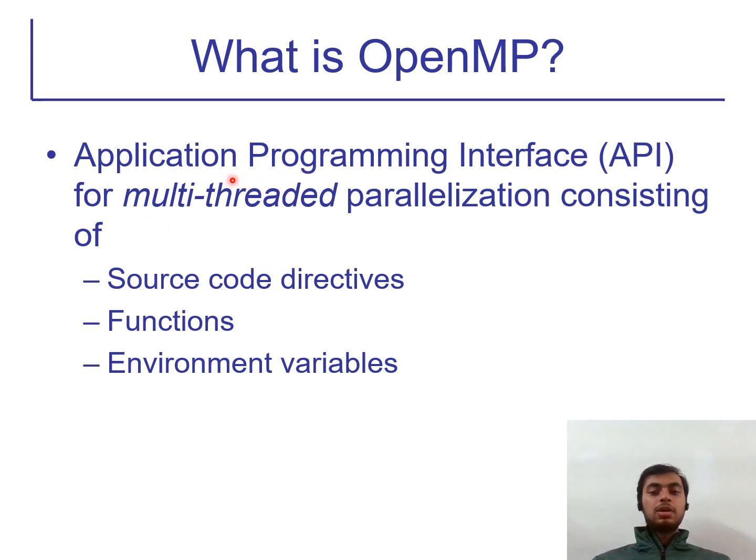OpenMP is an application programming interface, that is API, for multi-threaded parallelization consisting of source code directives, functions, and environment variables. We will also see what the functions are further in this video.